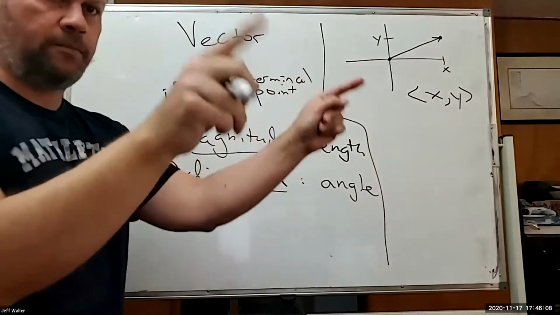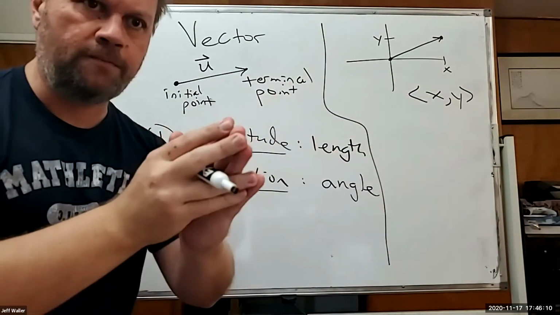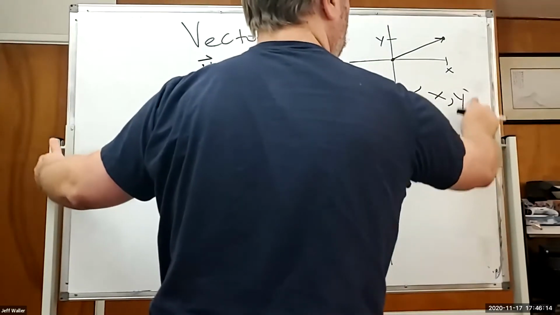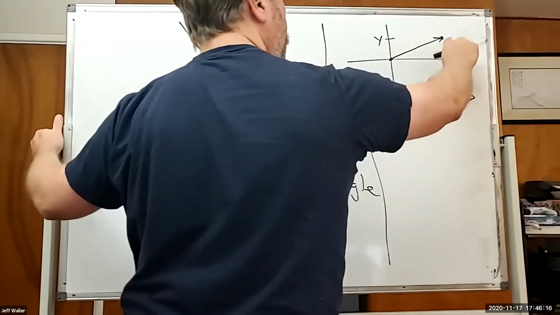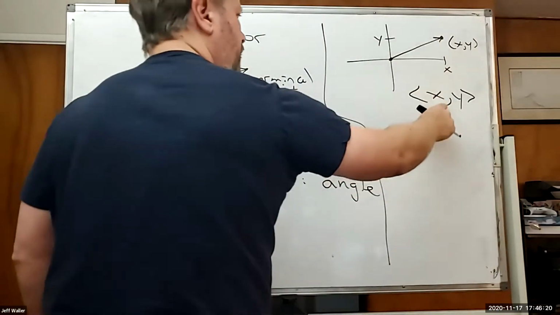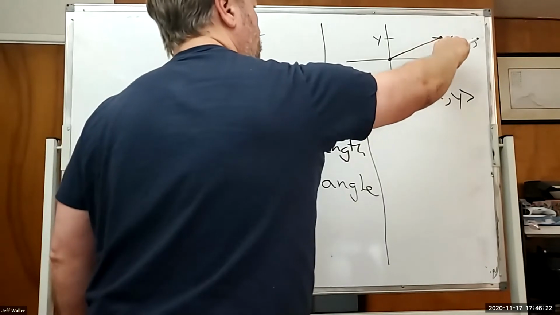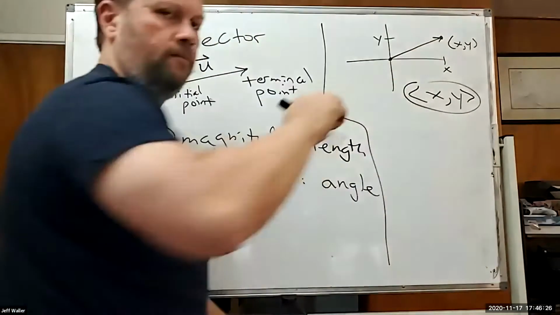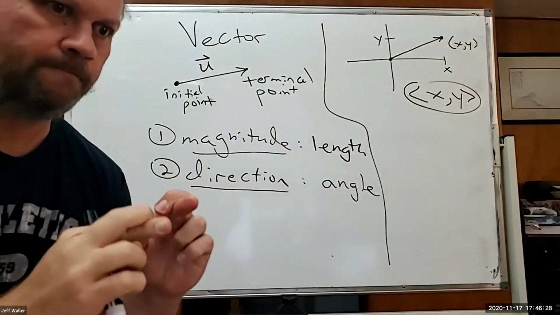And see how the symbols on the outside look like inequality symbols? So that's what tells me it's a vector and not a point. The point is (x, y), like that. But the vector means it's not just the end, it's this whole thing. That's the vector. So that's what this represents. Okay, I like it.